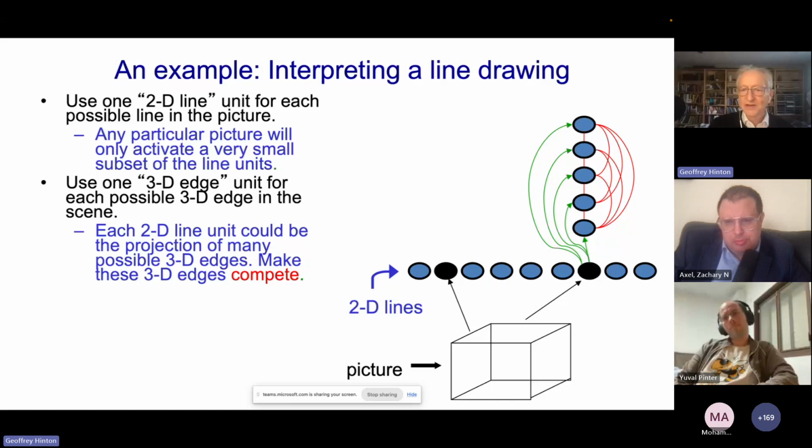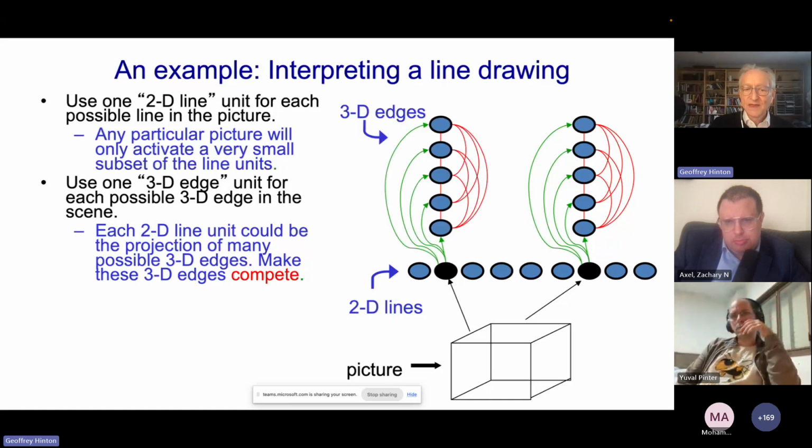And we can do the same for another line in the image. And then we can say we have some prior beliefs about objects in the world. For example, we believe that if you see two lines, like the lines that these arrows come from at the bottom, then probably if they meet in the image, they meet in depth in 3D. So we could put in a connection between the interpretations of these two lines like that.